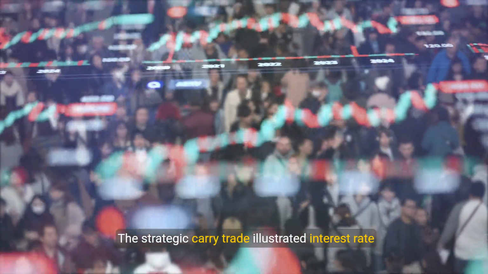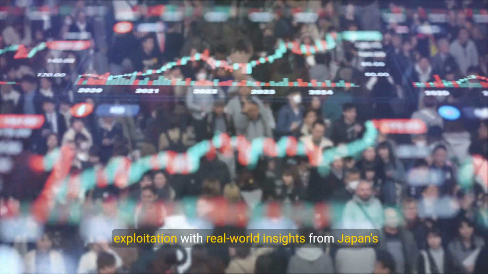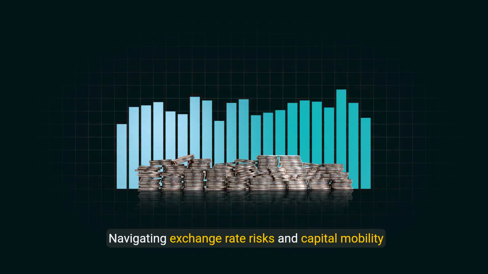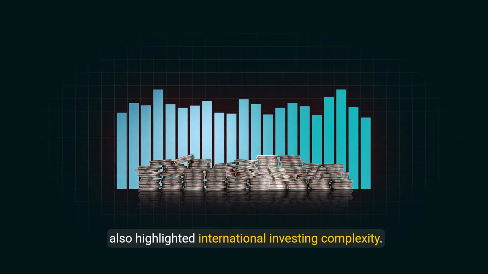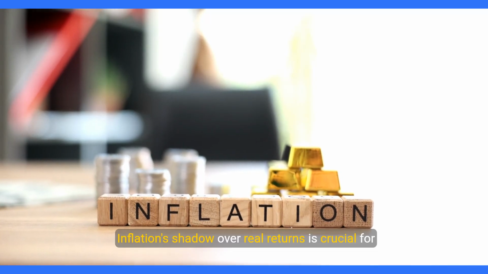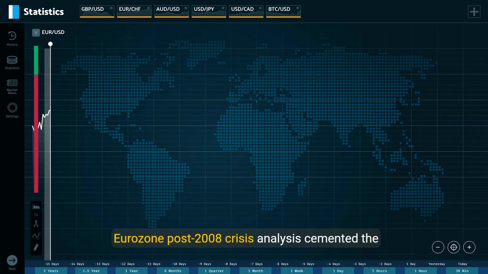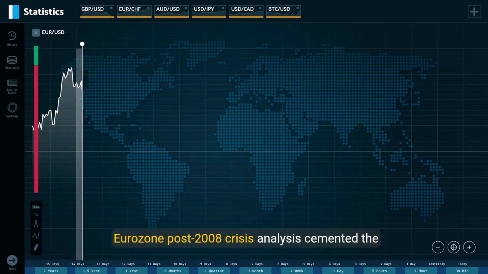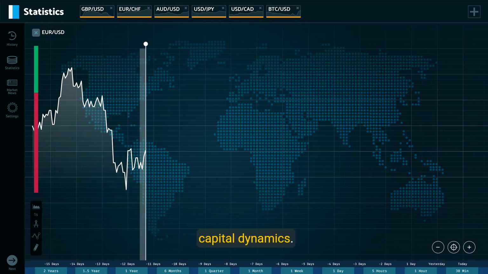The strategic carry trade illustrated interest rate exploitation with real-world insights from Japan's market. Navigating exchange rate risks and capital mobility also highlighted international investing complexity. Inflation's shadow over real returns is crucial for global investors. Lastly, our US versus Eurozone post-2008 crisis analysis cemented the intricate link between international rates and capital dynamics.